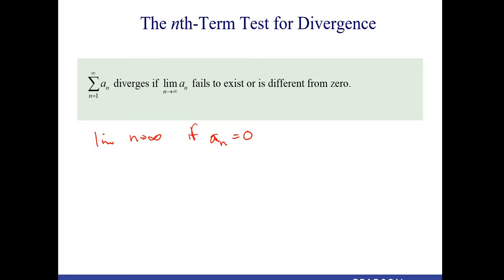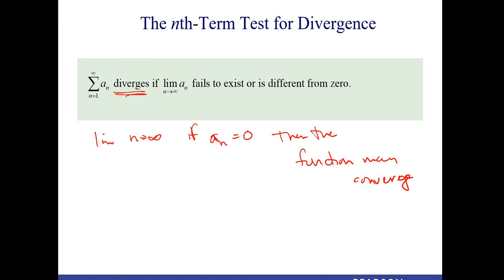Let me back up. If the term does not approach 0, if it is getting bigger or is approaching a constant, then the function diverges. If the limit approaches 0, then the function may converge. So this test is a test to eliminate the possibility of convergence.